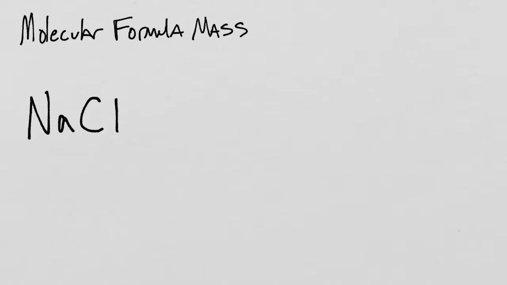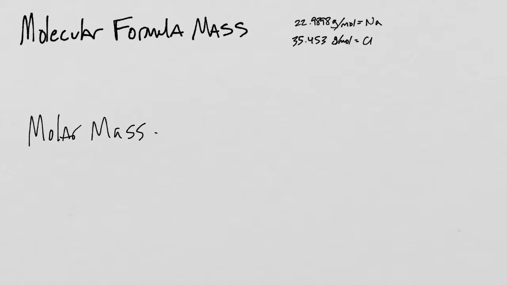So using this information, we can now work on our molar mass. There's a formula for molar mass where the molar mass is equal to the mass of the first atom. So we'll say mass of atom 1.